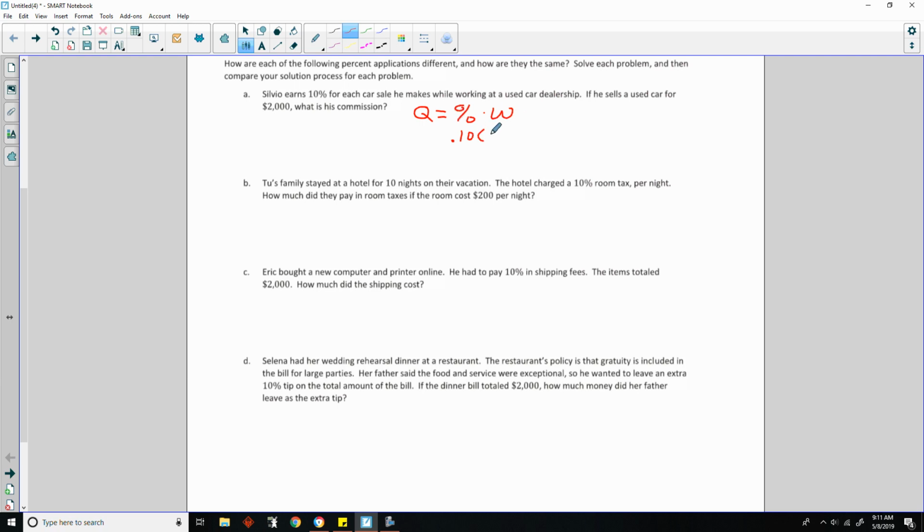So I'm going to multiply 0.1 times 2,000 to get my quantity. And remember, a decimal just moves the decimal one place. So 2,000 times 0.1 is 200. And therefore, on a $2,000 sale, he makes $200 in commission.